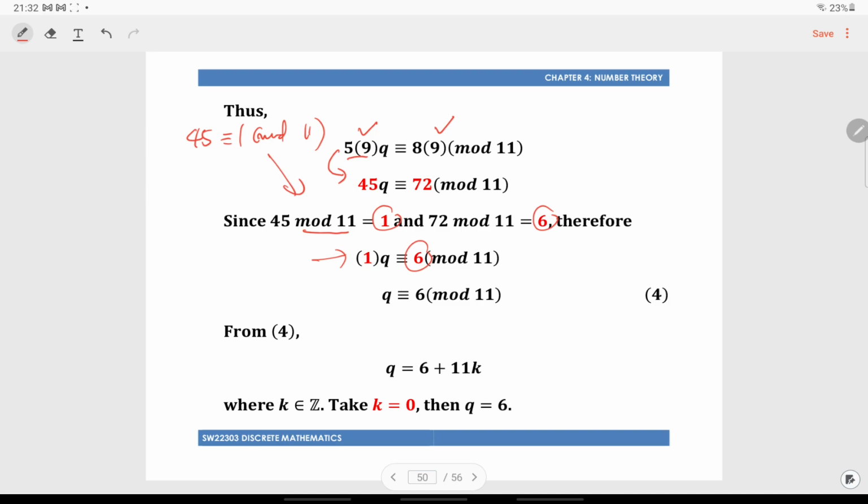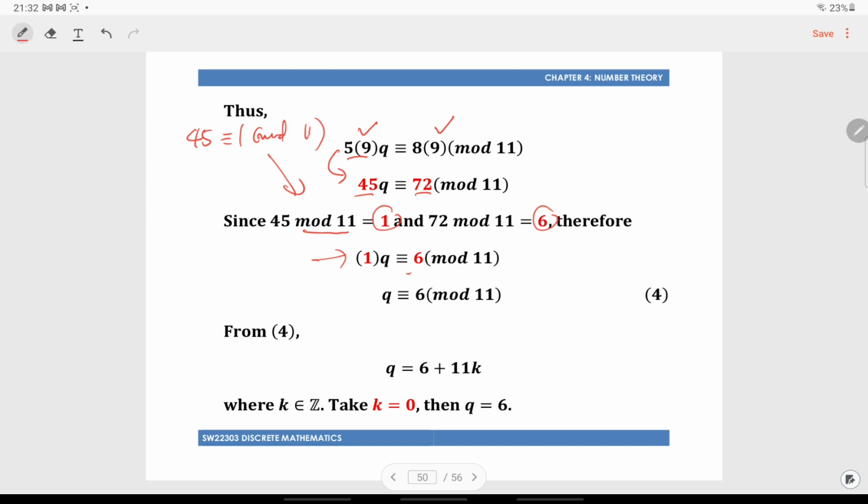And 72 mod 11, with modulo reduction, is 6, so we replace it by 6. So next, we have q congruent 6 mod 11.